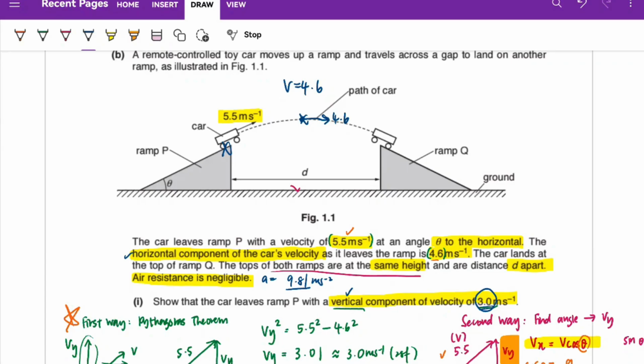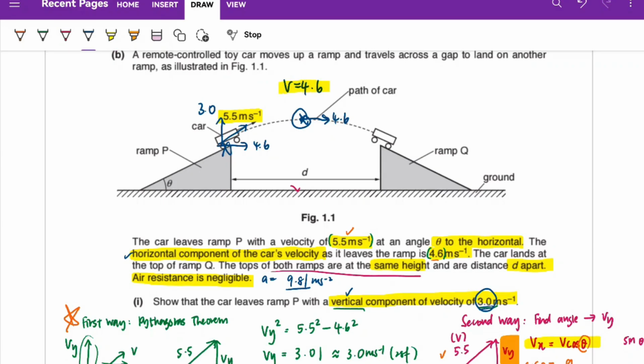At the ramp, you have vertical 3, you have horizontal of 4.6, your resultant initial velocity here is 5.5. At the maximum height, you have no vertical, you only have horizontal, so your resultant must be 4.6.